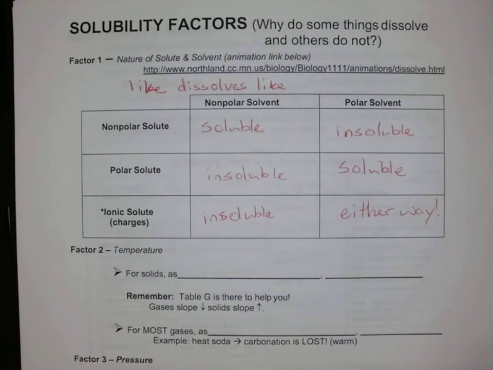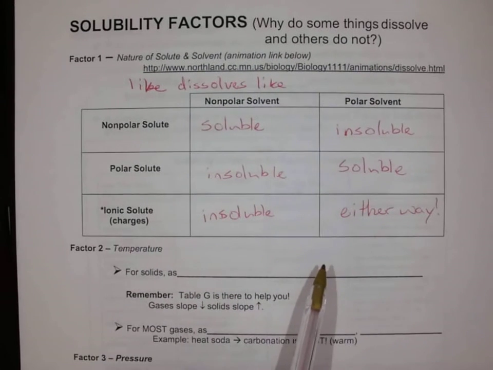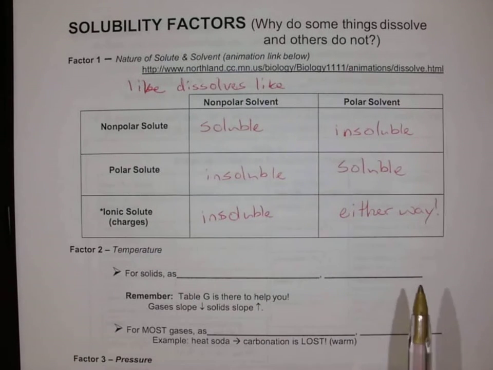We kind of saw this in the lab, and that's what our table is going to help us decide. Our polar solvent, we said, in water, that's something that would be aqueous. We had lots of different ionic solutes, and we were able to decide from that table whether something was soluble or insoluble. So that's our biggest factor. Factor number one, whether or not something will dissolve: like dissolves like.